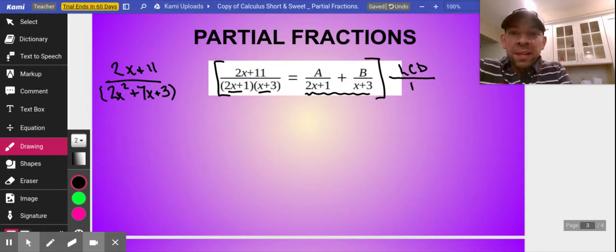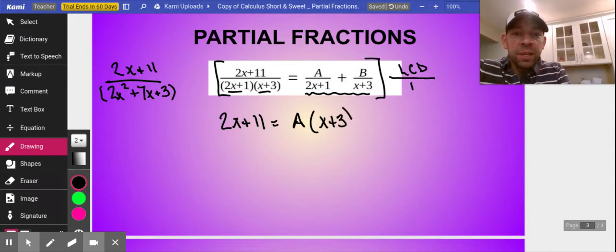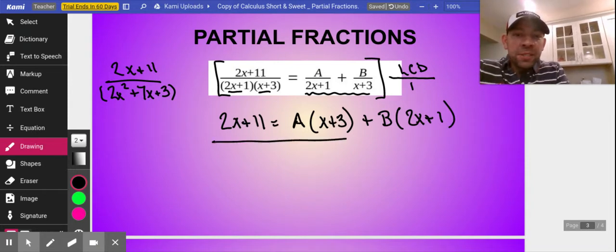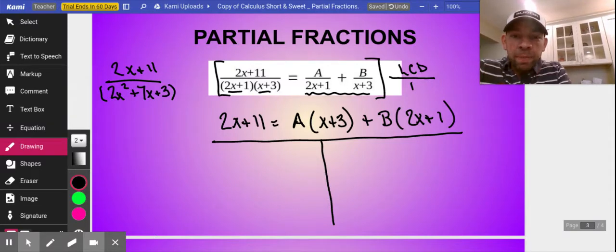Once I distribute that LCD, I'm going to be left with 2x plus 11 equals A times the quantity x plus 3 plus B times the quantity 2x plus 1. Now, what do you do from here? And here's a technique that I really, really like and has made my life a lot easier: I'm going to pick any value of x that I think is most advantageous. So, for instance, I'm going to let x equal -3.